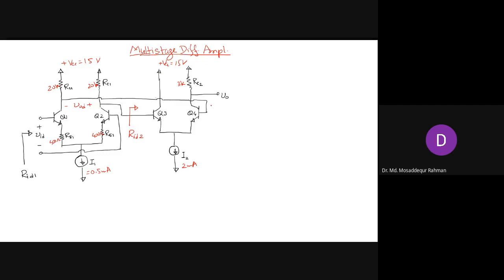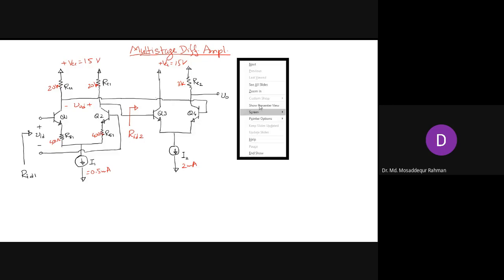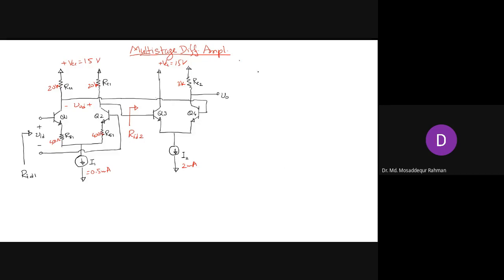Now the overall gain is the output by input, V0 by VID, and we split it up as the product of two gains.